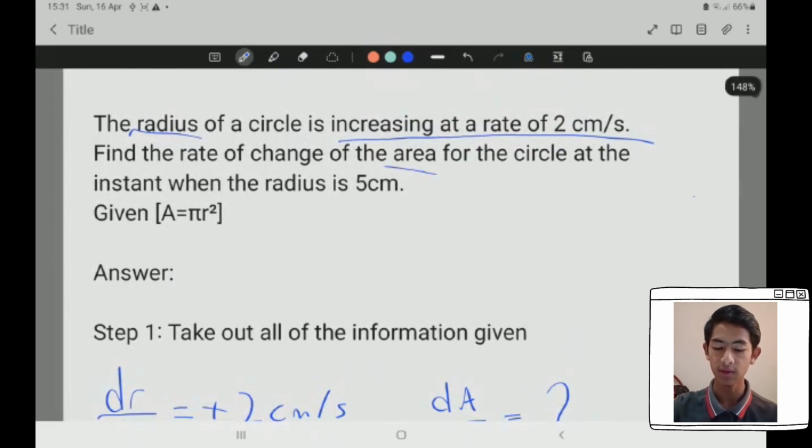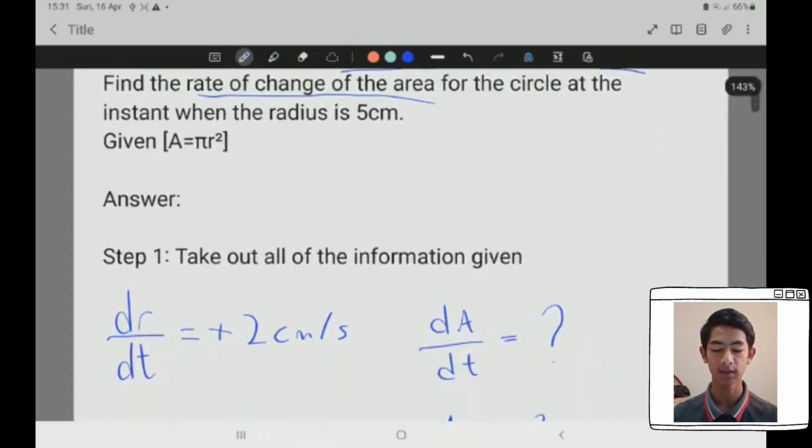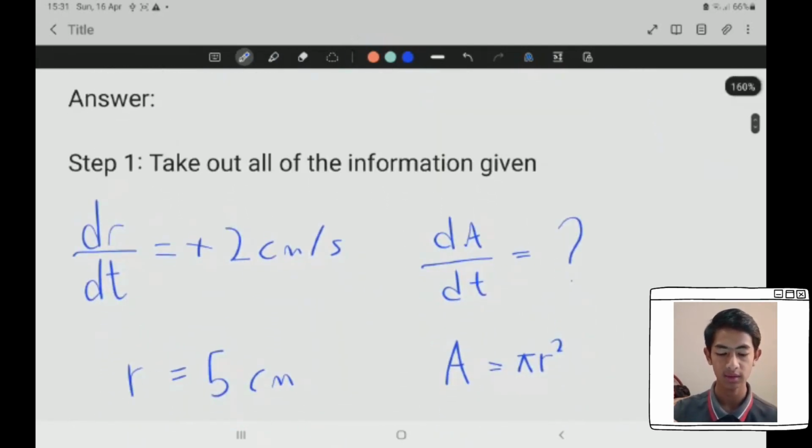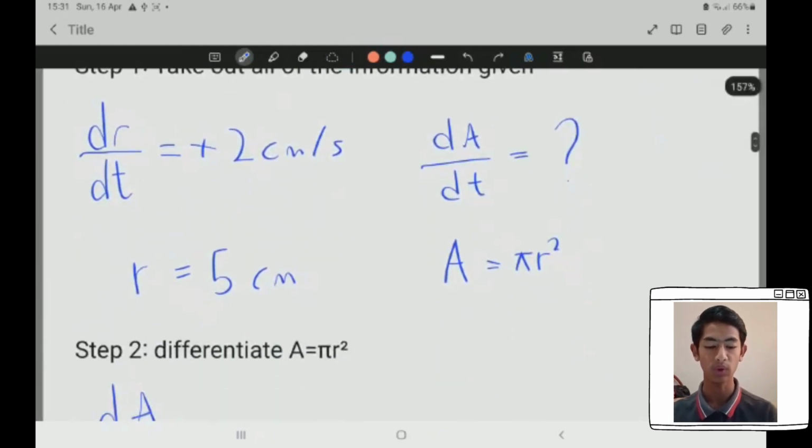Next, find the rate of change of the area. So this will be our dA per dt, and this is what we must find. So we just write it down: dA per dt equals what we want.